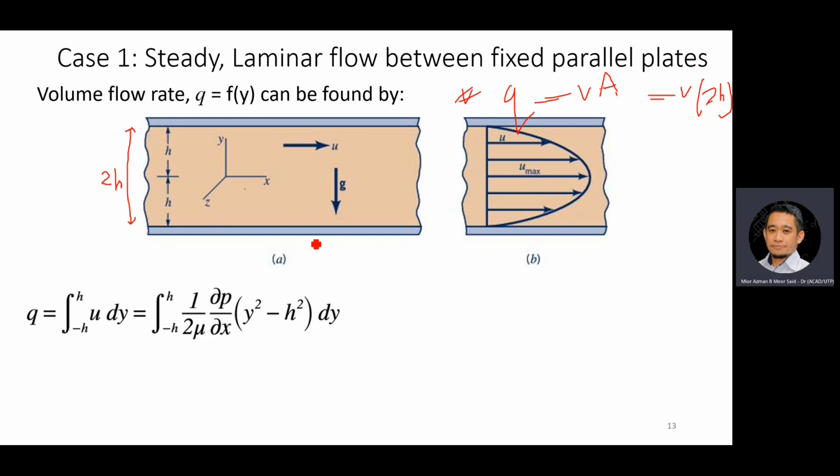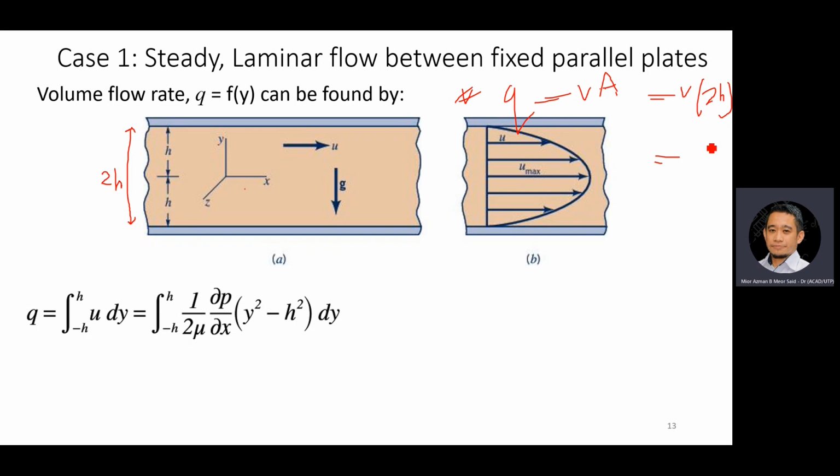So in this case, the volume flow rate can also be solved by this integration here. The volume flow rate is the integration of the expression of u, integrated over the length, from the lower limit negative h to the upper limit h. So this is actually the same thing as here.